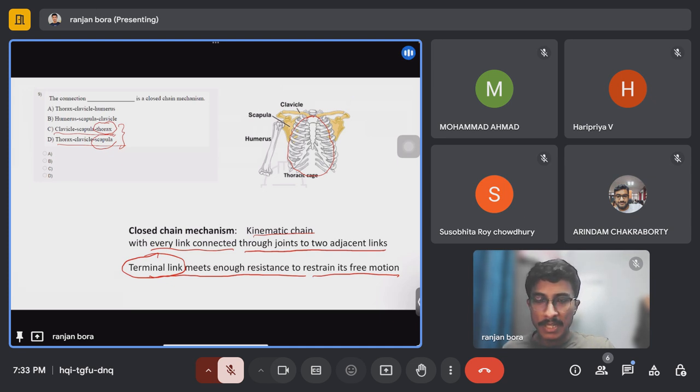It is written in our slides. So by looking at the terminal link, option D is correct. Both chains represent the same chain, clavicle, scapula and thorax, but in option D the terminal link given is the scapula. That's why D is correct.